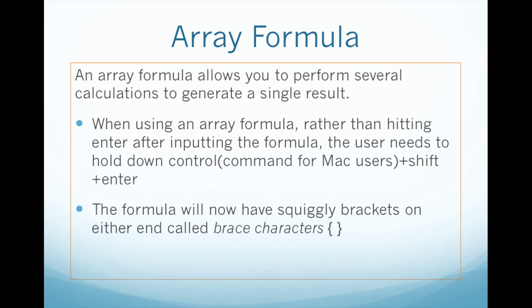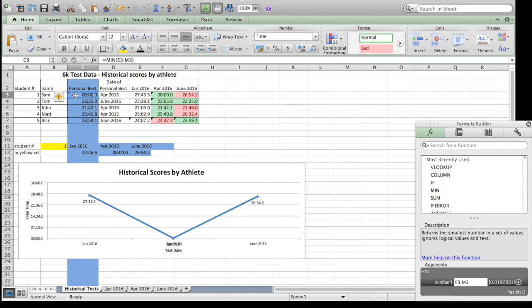The formula will now have squiggly brackets on either end called brace characters. On our sheet, we're going to add in multiple stipulations. So rather than just having the minimum of these scores, we need to add in a stipulation, an if statement basically, that it has to be greater than 0.